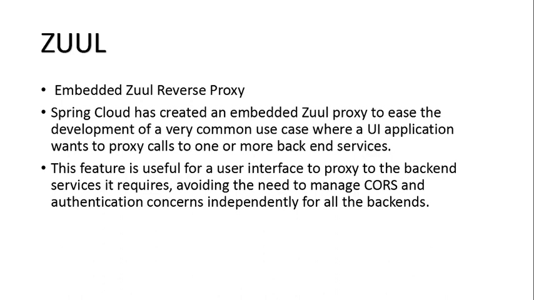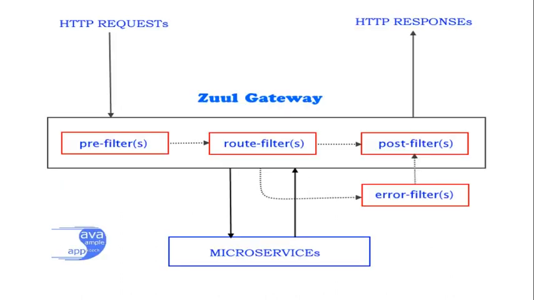That is how we can avoid the cost issue, right? So Zuul plays a great role as a reverse proxy, and it has great inbuilt features for providing the required filters in the microservice architecture.